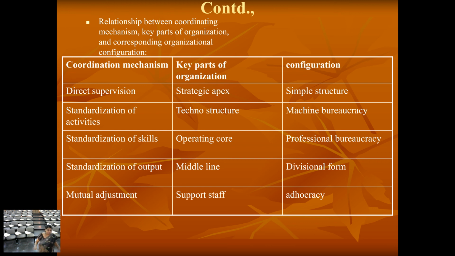Standardization of skill is there and lot of operating core is there, that is doctors or lawyers. It's called professional bureaucracy. Standardization of output, middle line is very important and they go for divisional form. Mutual adjustment, they go for support staff. So they try to perform and create standardization in the organization that will give rise to adhocracy.